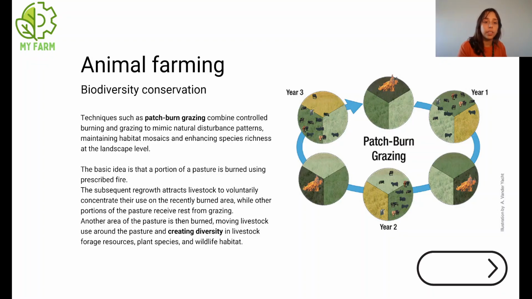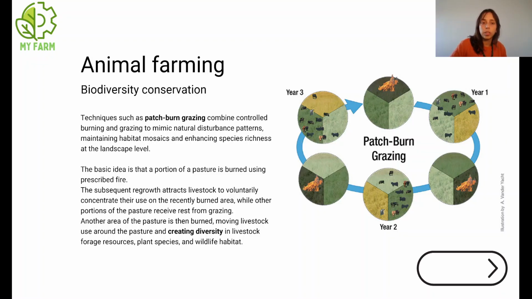So, still on biodiversity conservation, we know that techniques such as patch burn grazing combine controlled burning and grazing to mimic natural disturbance patterns, maintaining habitat mosaics and enhancing species richness at the landscape level.